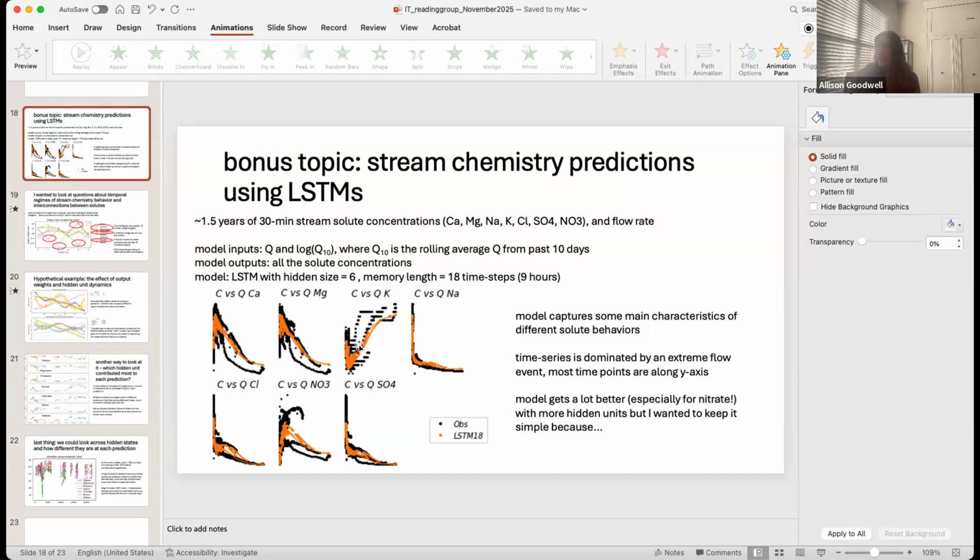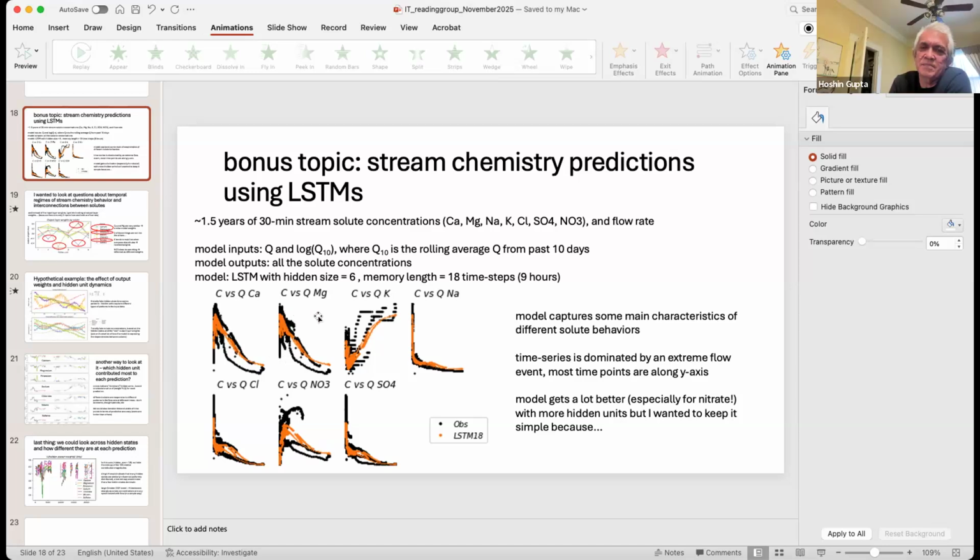You can see it's almost picking it up, it's trying to pick some of it up here. This event is really large and there's only one of them, and so in some ways it biases what this CQ plot looks like, because without it, it's just a much smaller range of flow variability.